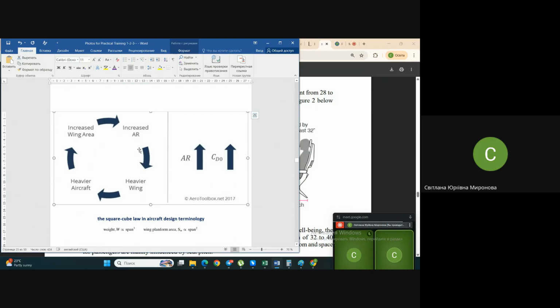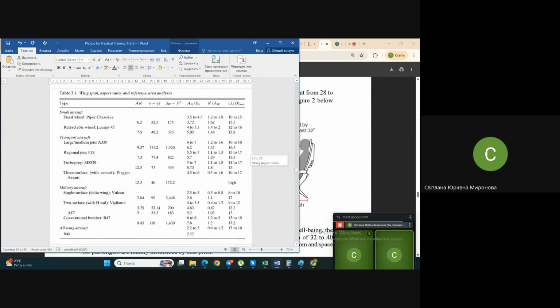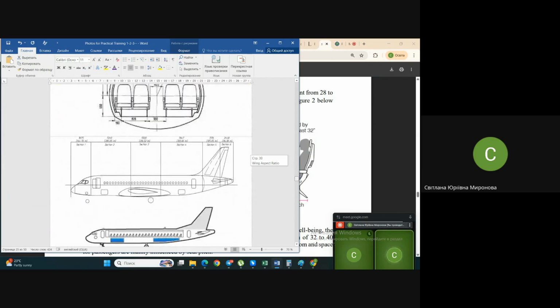You know, increase something in area, square, and then it increases in weight, cubic. As soon as you increase some sizes, whether it's wing or fuselage, the overall weight of the airplane will be much greater in mass.